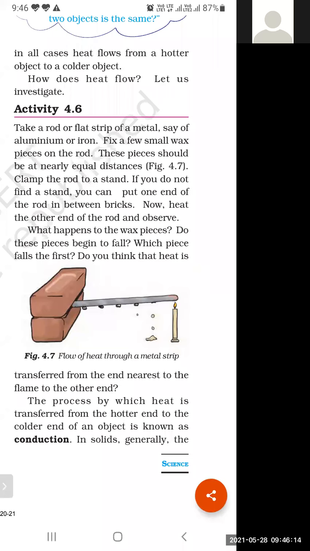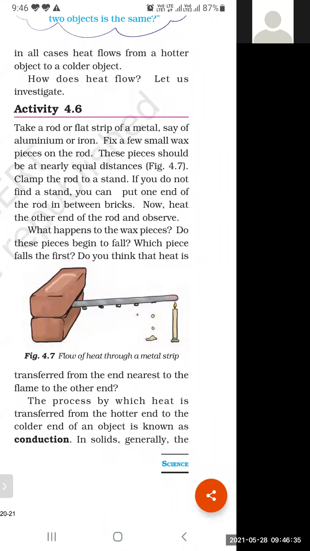If I ask in a question what type of heat transfer takes place inside solid material, you will simply give the answer: by the method of conduction.